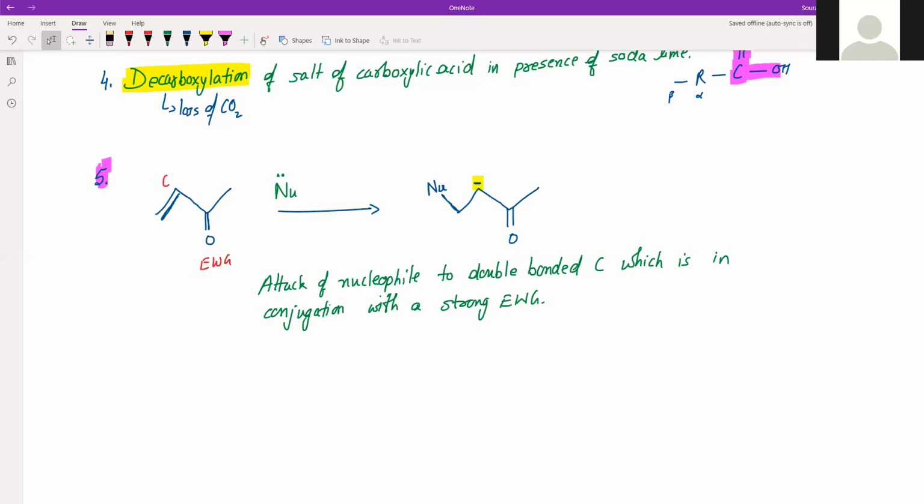Simple, because there it was carbon having positive charge, here carbon is having negative charge. So what was plus I effect doing? For a carbon having positive charge, plus I will send its electron towards that positive side, thereby stabilizing the molecule or neutralizing that particular carbon.